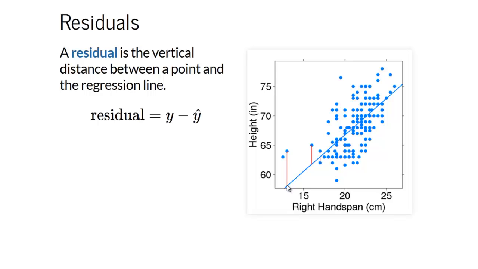You could think about calculating this vertical distance by taking the y-coordinate for the point in the scatter plot and subtracting off the y-coordinate for this point on the regression line. Notice that points that lie above the regression line will have positive residuals, and points that lie below the regression line will have negative residuals.